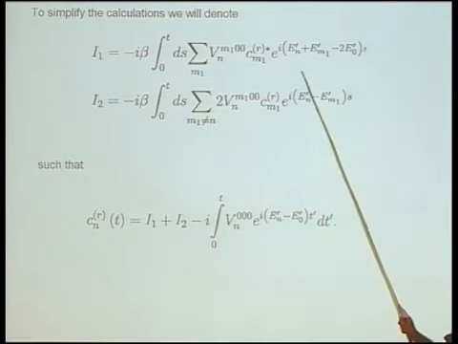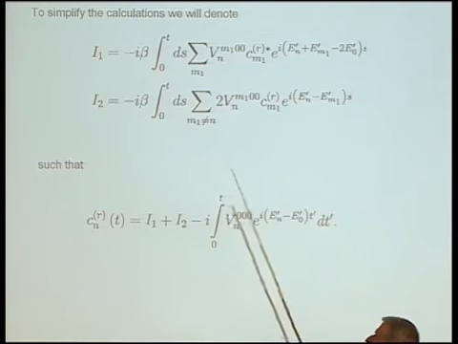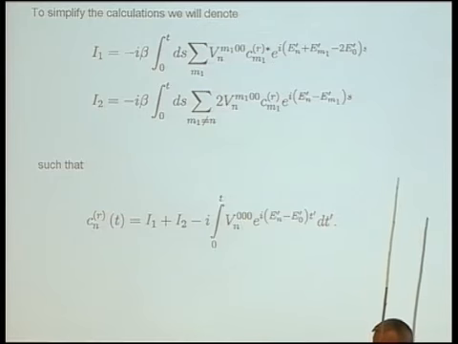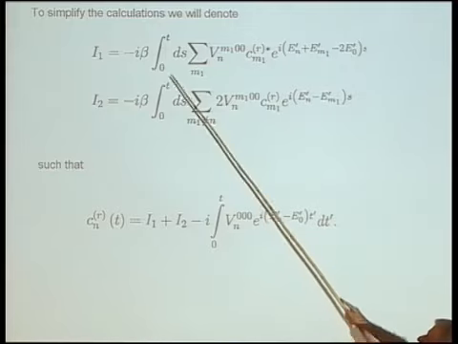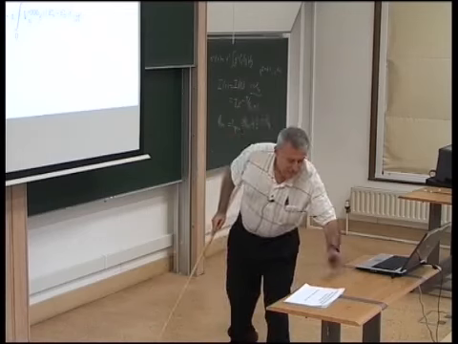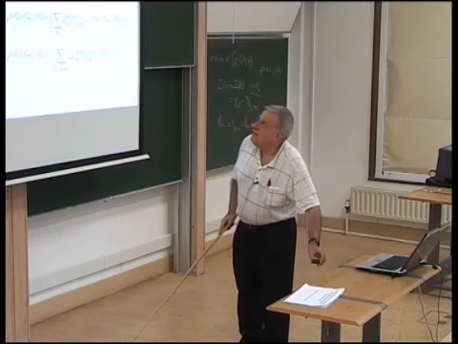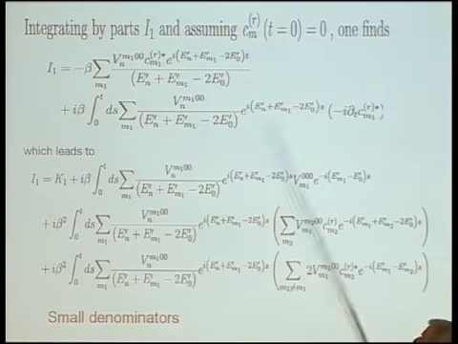Now, we have to do this integral. I have to get results up to order beta squared because I want to make a statement for times of order one over beta squared, so it is not good enough just to bound. We have to do another step, and the other step is integration by parts.